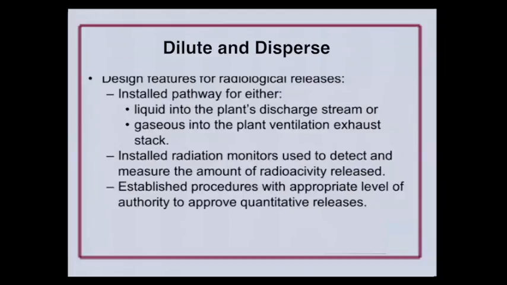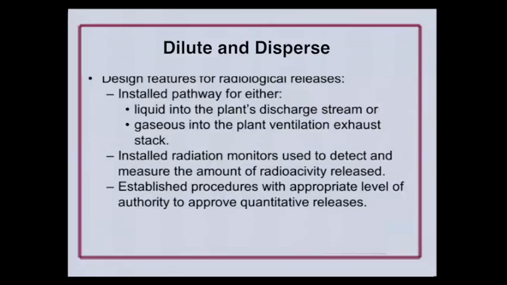There are established and approved procedures with appropriate level of authority to approve these quantitative releases. Usually for a power plant, it requires the on-shift supervisor, which is the operations supervisor for the plant for that shift. It requires his approval.